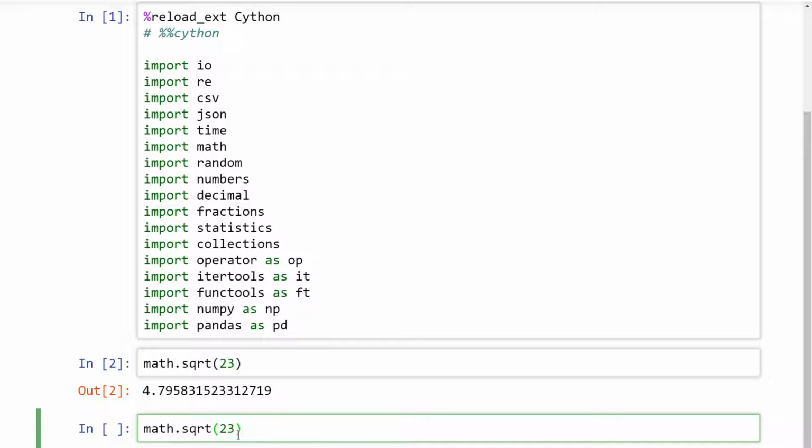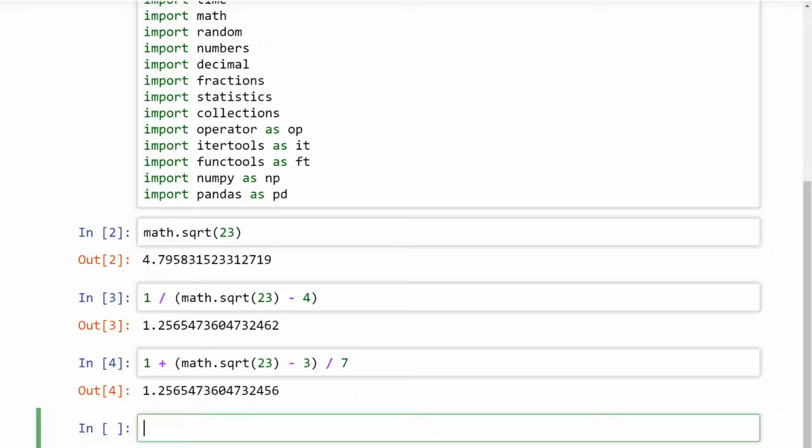square root of 23, 1 plus 1 over, minus 4. So for what it's worth, it's true.